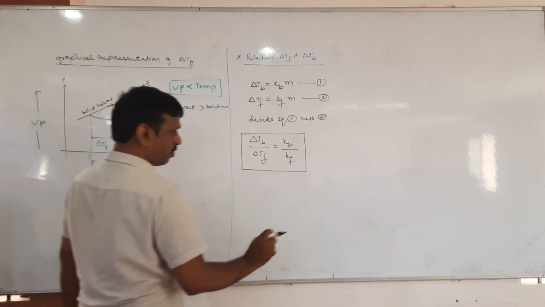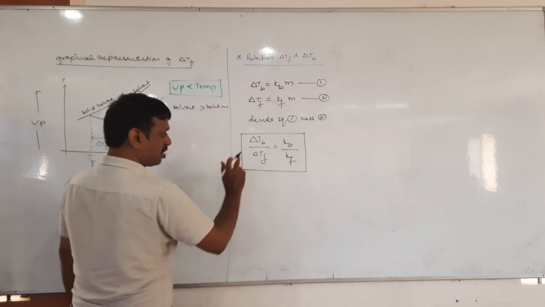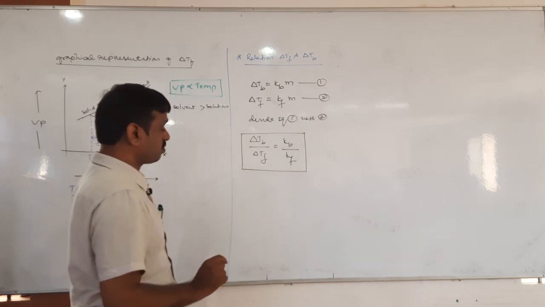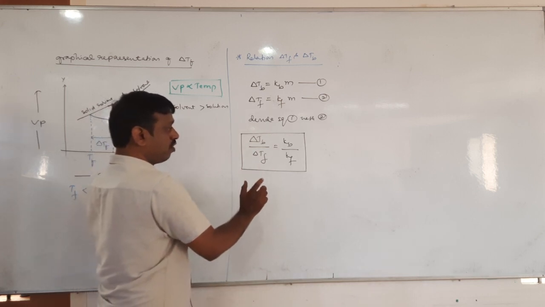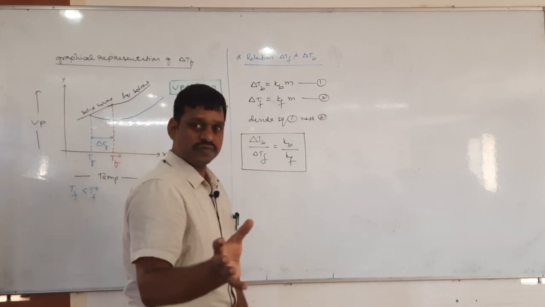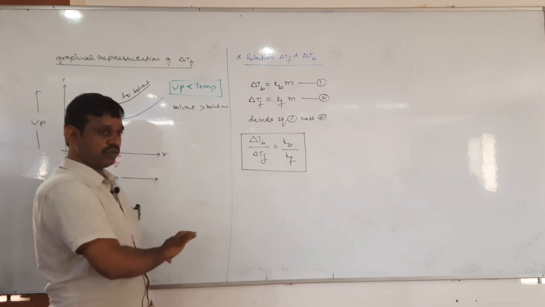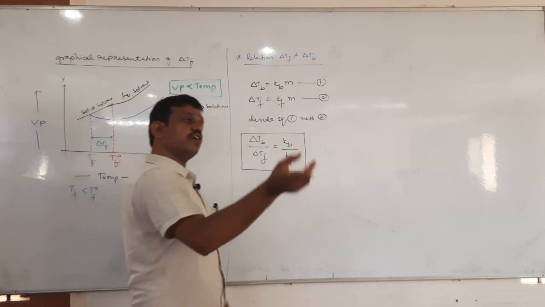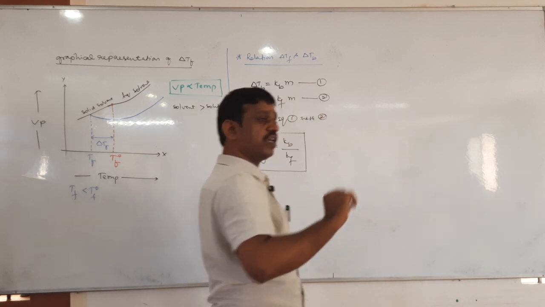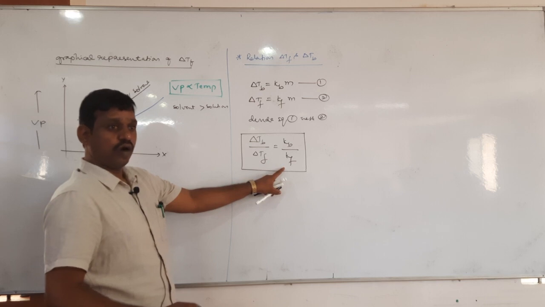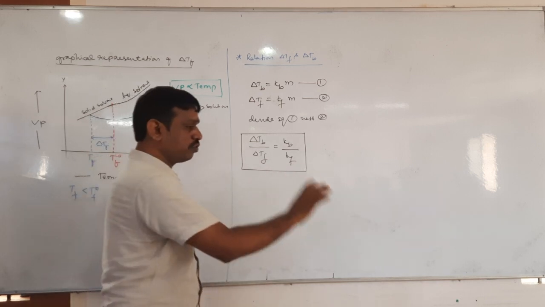There was a question previously asked in NEET based on this. Listen carefully. They will give the freezing point of the solution and expect the boiling point, or give the boiling point and expect the freezing point. KB and KF values will be given, or if they do not give them for water, you should remember.